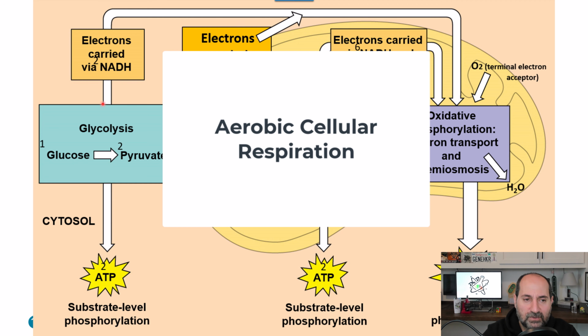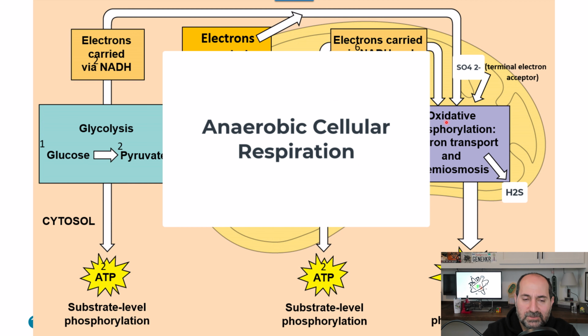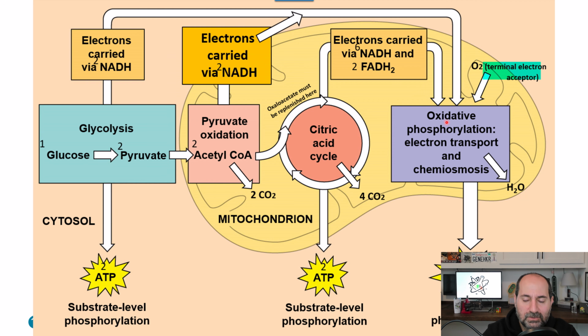However, if all of glycolysis, pyruvate oxidation, citric acid cycle, and oxidative phosphorylation are all functional, but your terminal electron acceptor is a molecule other than oxygen, such as sulfate ion, then that is known as anaerobic respiration. Do you see the difference? The only difference is the identity of the terminal electron acceptor at the end of the electron transport chain. That's it.